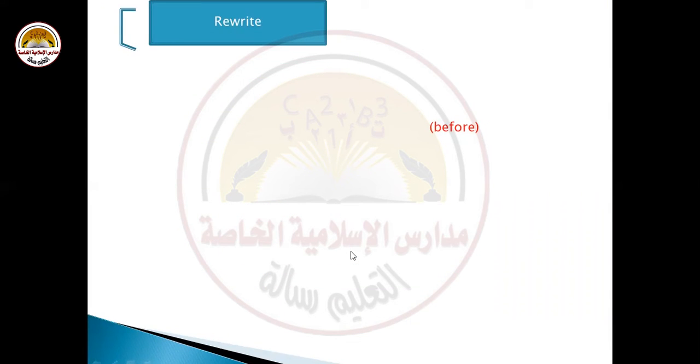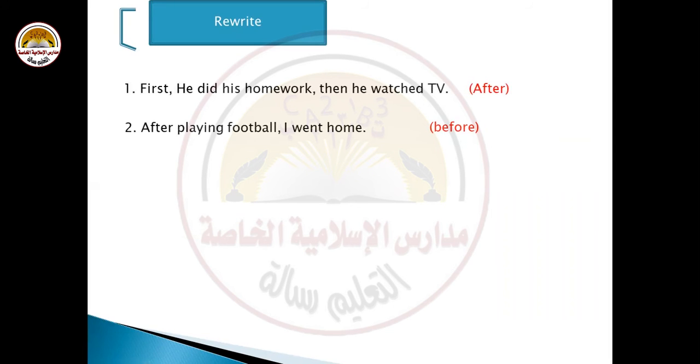We will see. We write an exercise about using after and before. Look at this example. First, he did his homework, then he watched TV. Here we have two actions. One of them happened first, so we use after.